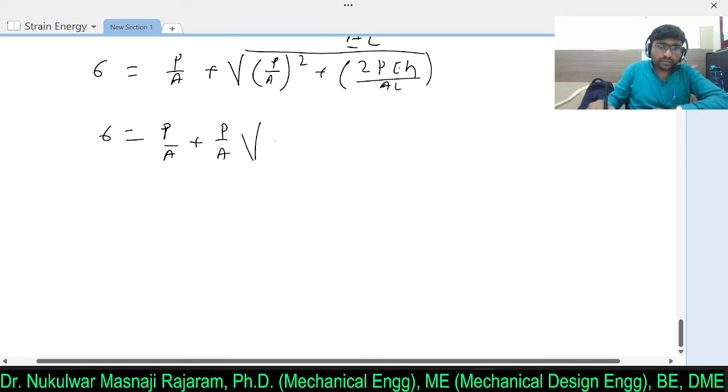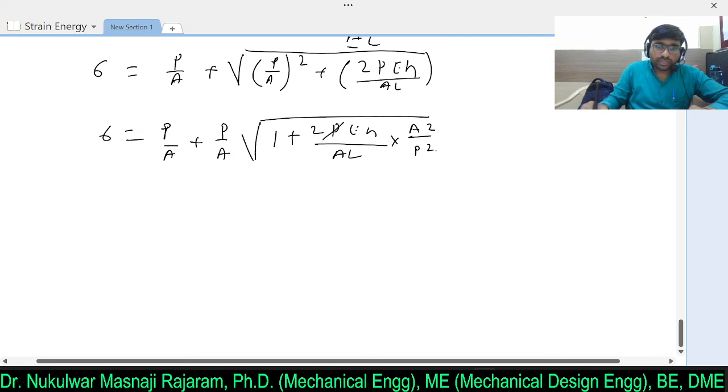P by A, here I can write 1 plus, so I am taking P by A outside, so here I will get only 1. 2PEH divided by AL into, I must write down here A square divided by P square.